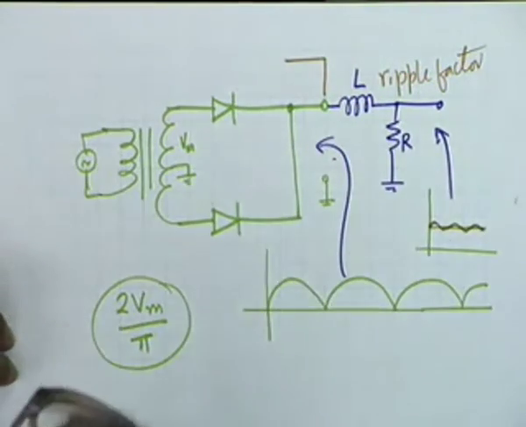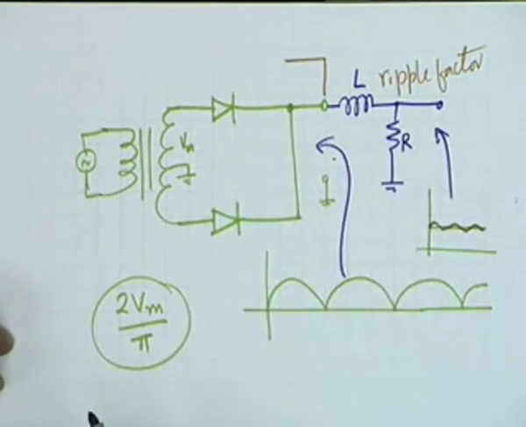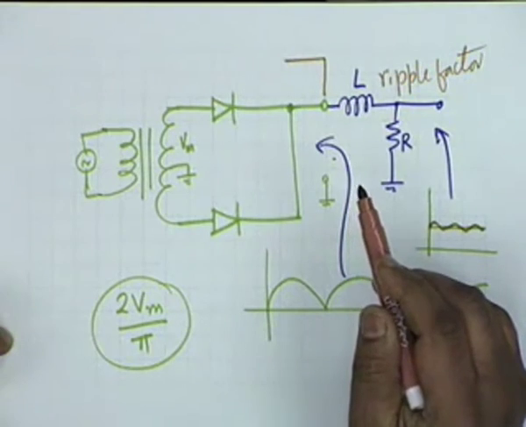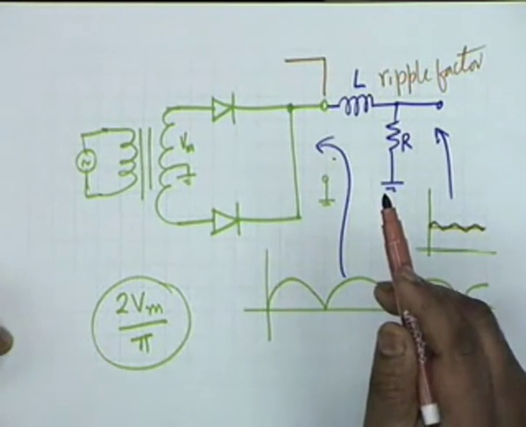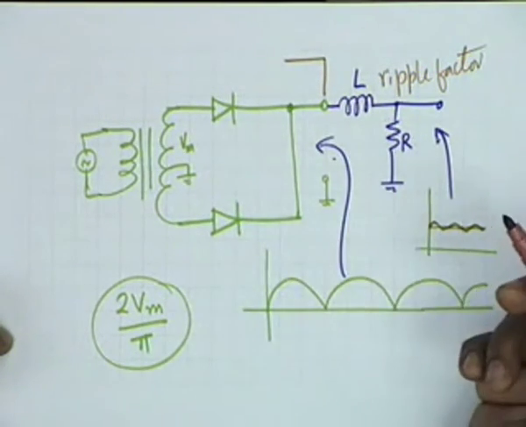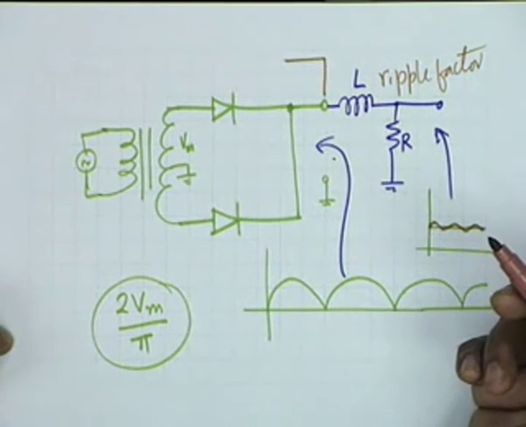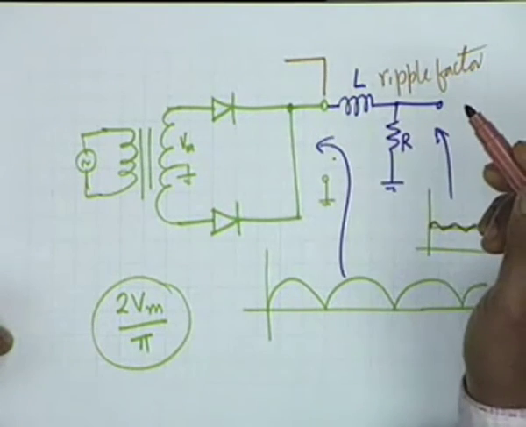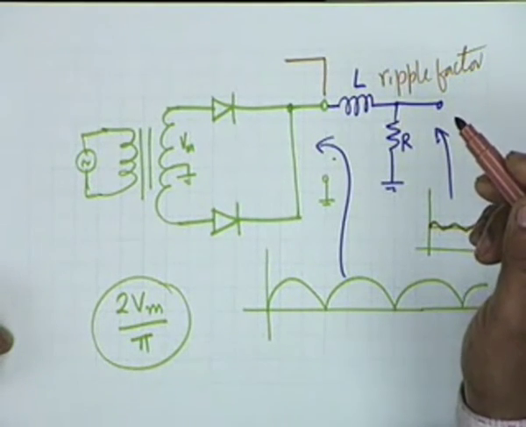Alright, I did. If you want to use a simple L type filter like this, there is a problem. The inductance that is required is usually a very large value, because power frequency is small, 50 Hertz only, omega is 100 pi, and therefore the inductance required is usually large and becomes expensive.